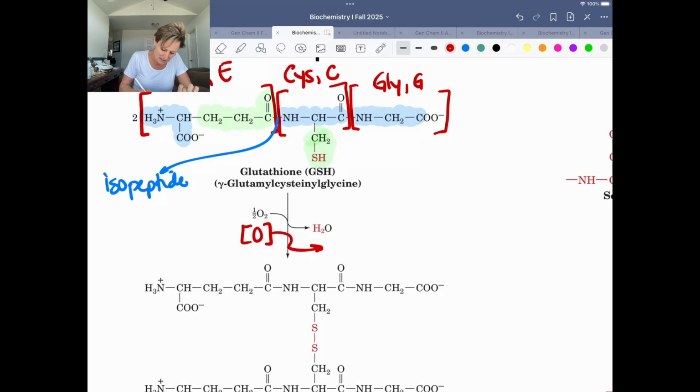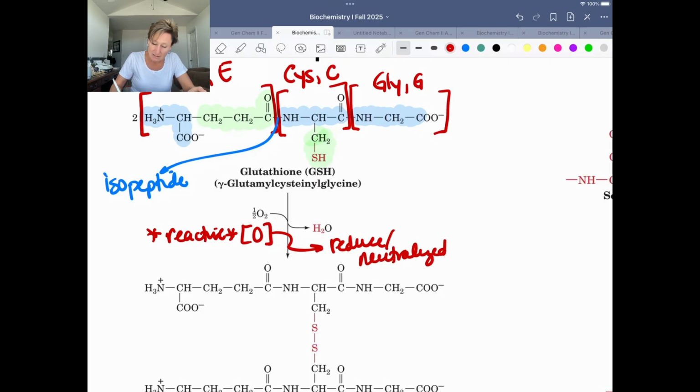And again, oxidizing species are reactive. They can do damage to biological molecules, and so we are going to reduce them, whatever that happens to be for that biological molecule. But again, that means that we have essentially neutralized that offending oxidizing species.